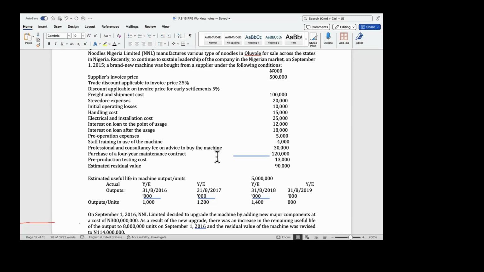So, if a vehicle was purchased and in the course of when the vehicle was delivered, the engine was damaged, like the engine got knocked, and a replacement was procured for the engine. So that replacement engine that was procured now, what treatment is that supposed to receive? Is it supposed to be capitalized or expensed?